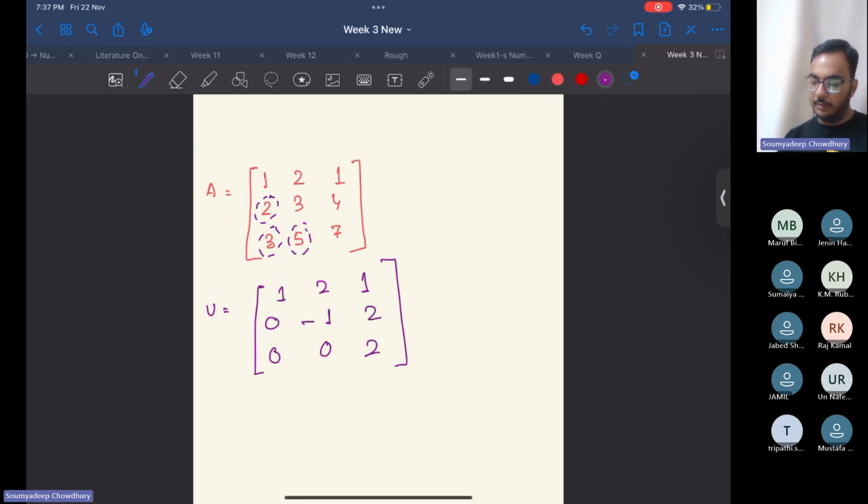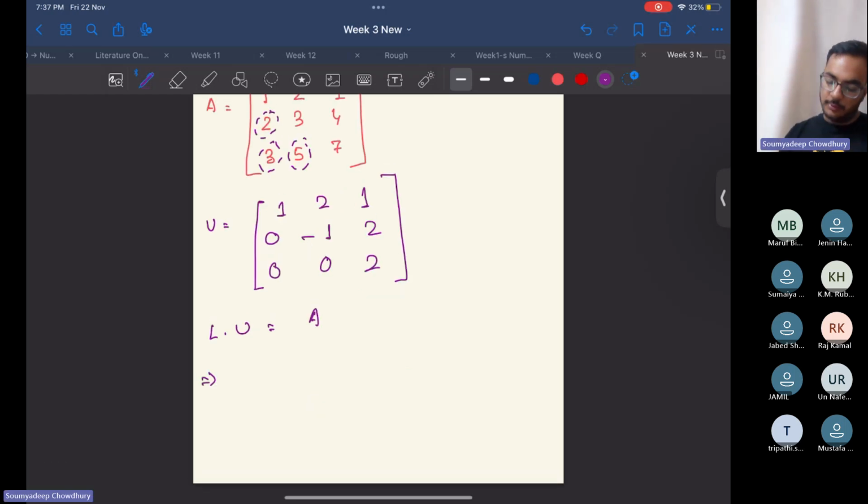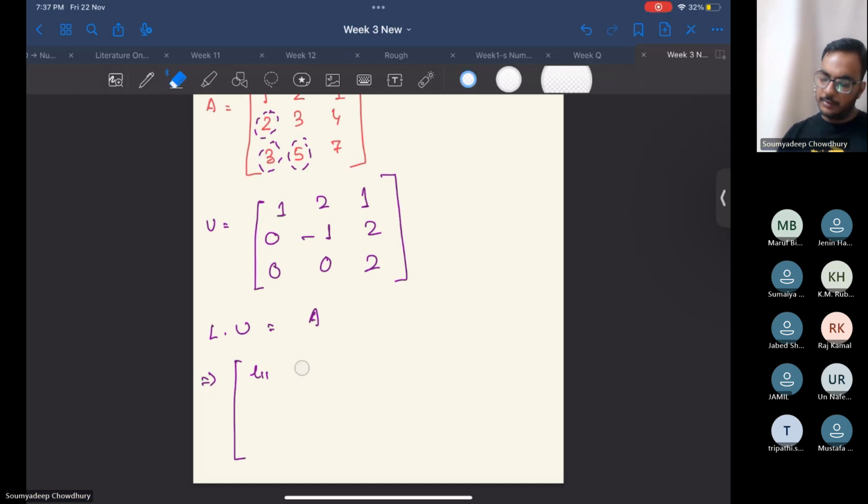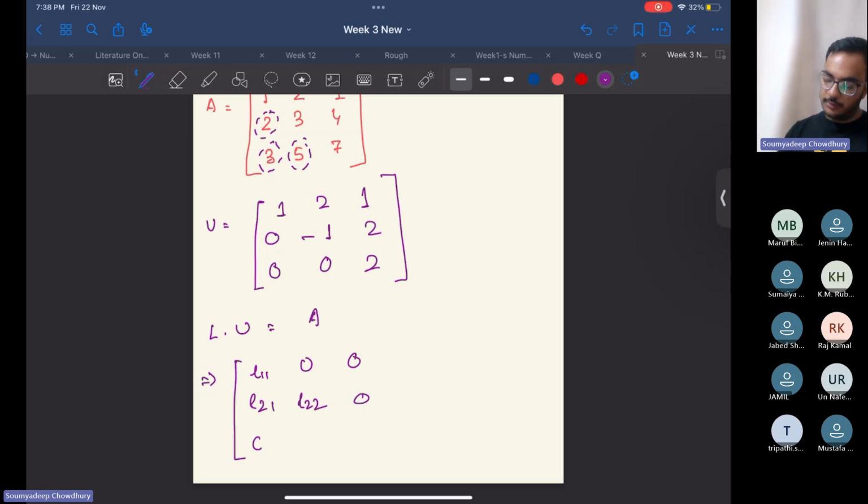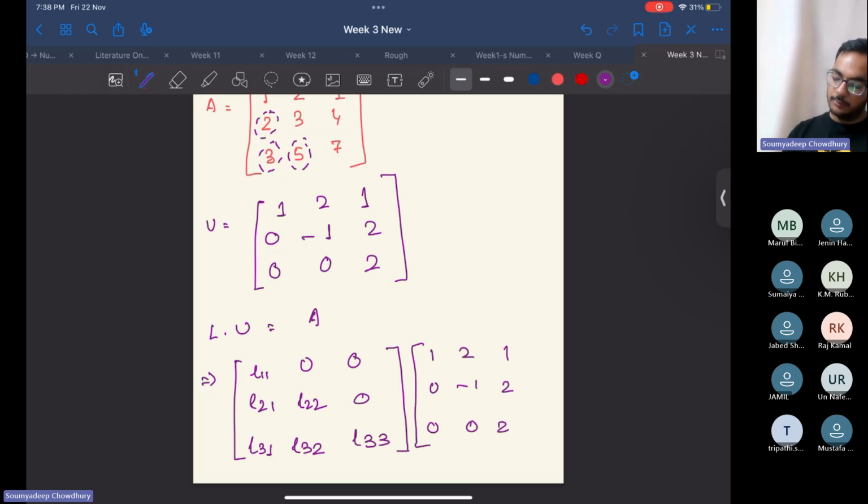Now how can we find out the L matrix? L into U was basically your A, right? So now L we know: L11 0 0, L21 L22 0, L31 L32 L33, multiplied by U. What is U? 1 2 1, 0 minus 1 2, 0 0 2.